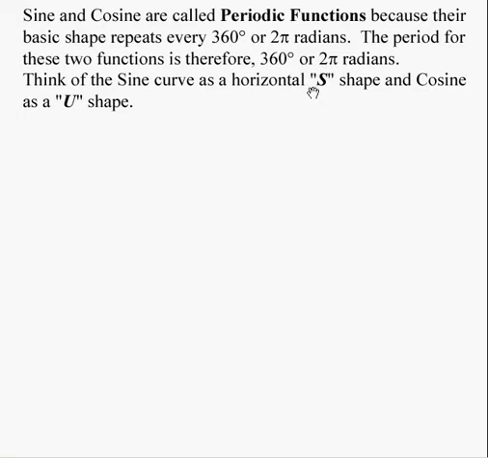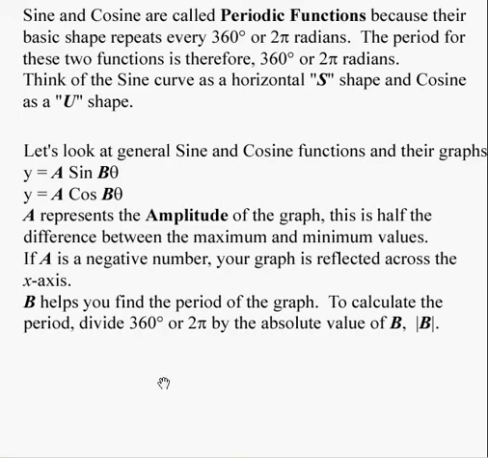You can think of the sine curve as a basic S shape on its side and the cosine as a basic U shape. And if we look at some generalities, sometimes we have some coefficients like a here in front of sine and in front of cosine, that we are multiplying the sine function times some number a or the cosine times some number a.